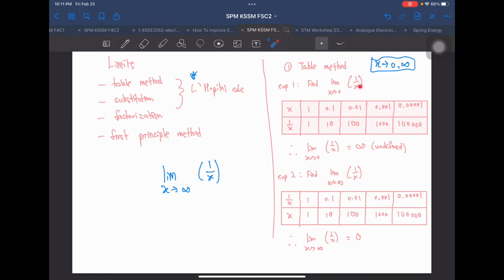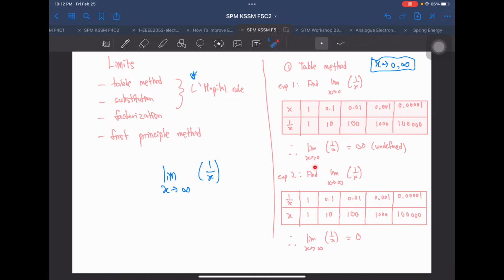We first start with x is 1, and 1 over x is 1; x equal to 0.1, 1 over x is 10, and then we slowly move down the value of x. We found out that when x is approaching 0, 1 over x is getting bigger and bigger, approaching infinity. So we can conclude that the limit of 1 over x when x approaches 0 is infinity.